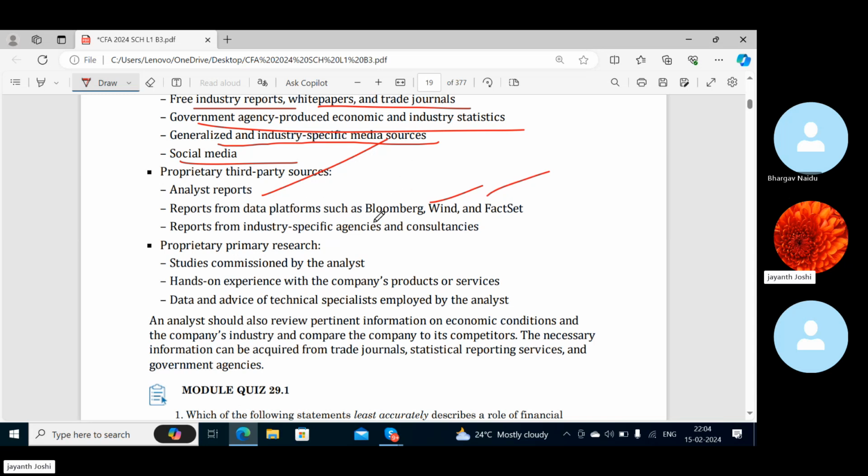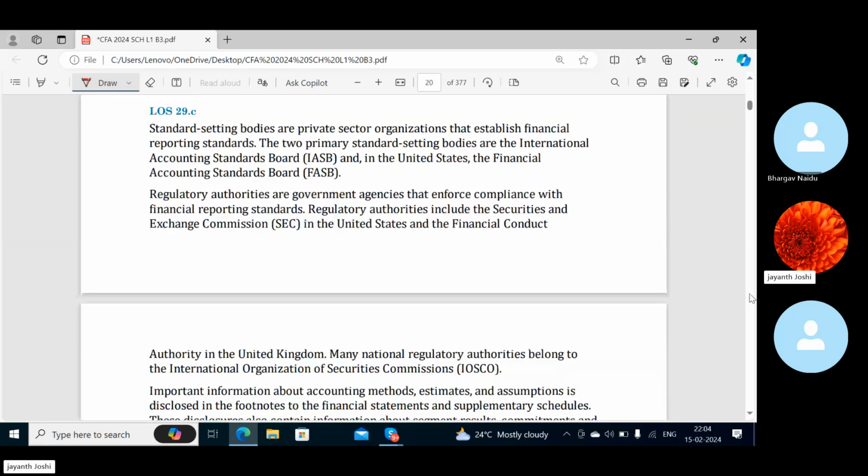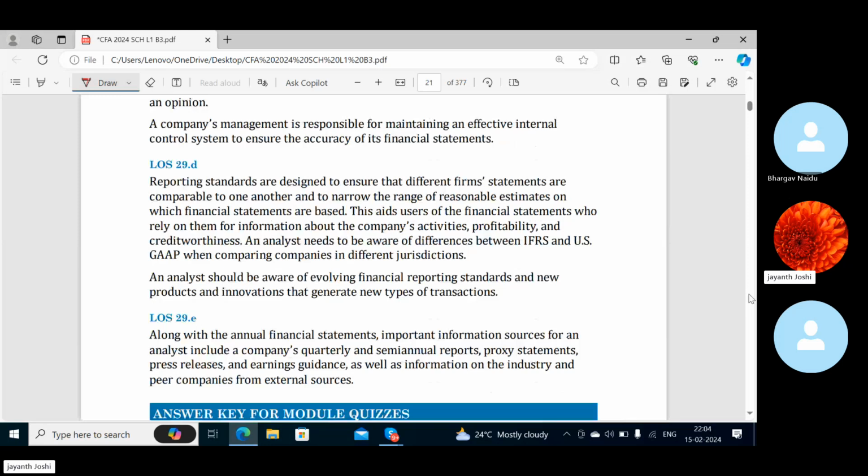Also proprietary primary studies commissioned by analysts, hands-on experience with companies' products or services, data and advice of technical specialists employed by the analyst. All these are very good valid sources of information regarding a company, and analysts can study and review all this and prepare their report for the betterment of the investor, so that the investor's money does not go into wrong hands.